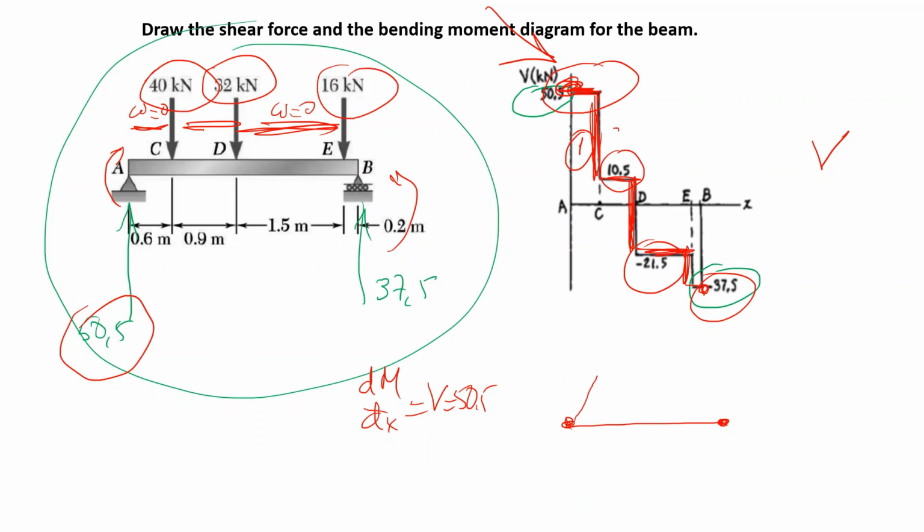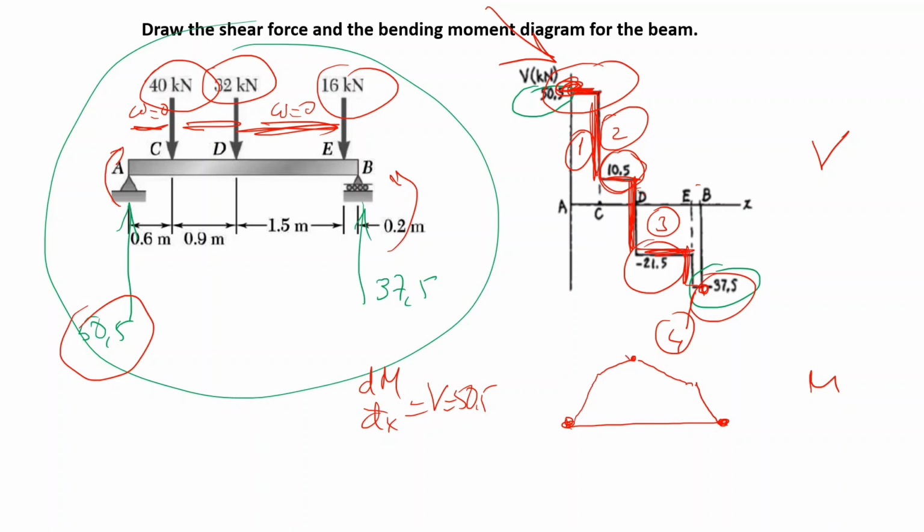And in region 2, suddenly the slope drops to 10.5. And in point D in region 3, from D to E, we have a negative slope. And in the last region, region 4, we have a slope of 37.5. Okay, this is my moment diagram.